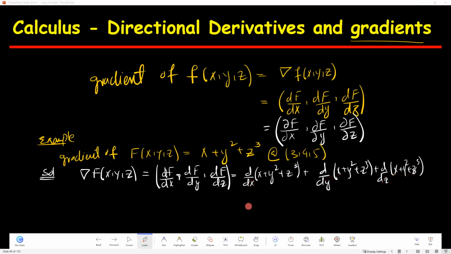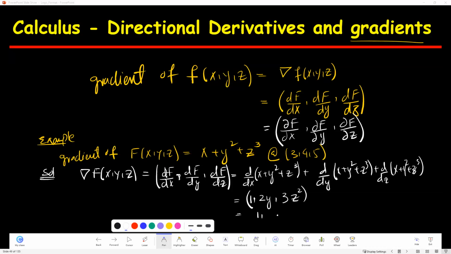Okay. So we're going to take the partial derivative at this point, and the partial derivative of this one would be 1, then 2y, 3z squared, right? And we need to find it at a point, so we substitute the values. So it's going to be 1, then 2 times 4, and 3 times 5 squared.